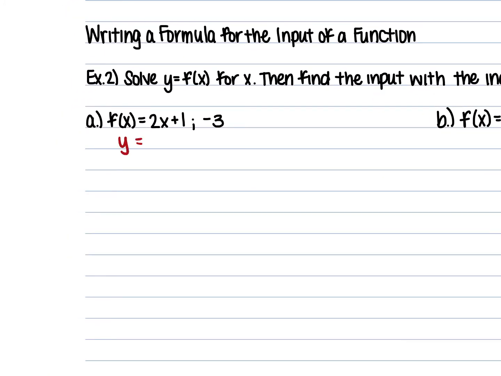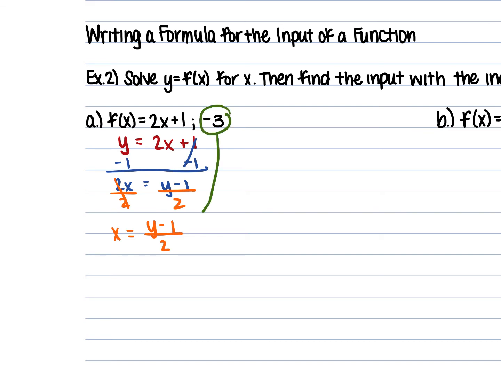So I'm going to just rewrite this as y is equal to 2x plus 1. From here, we're going to solve this equation for x. So we're going to subtract 1 from each side to start with. We have 2x is equal to y minus 1. We then divide each side by the 2, and we get that x is equal to (y minus 1) all over 2.